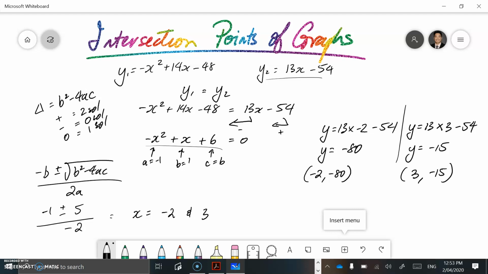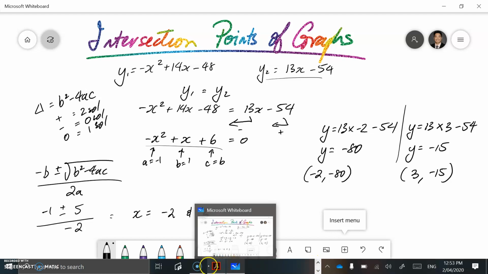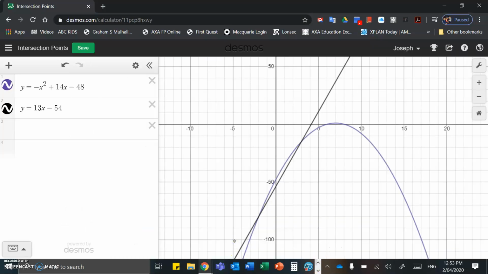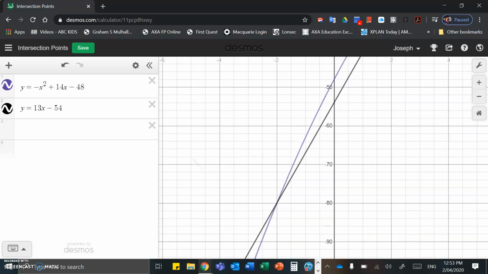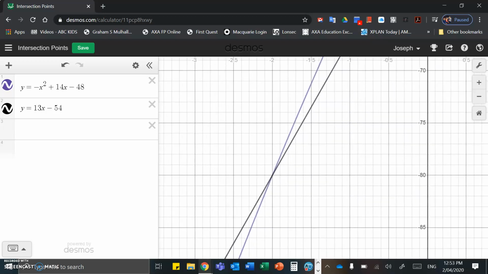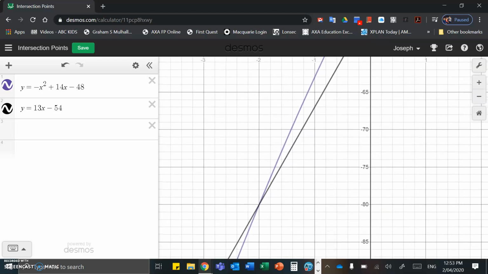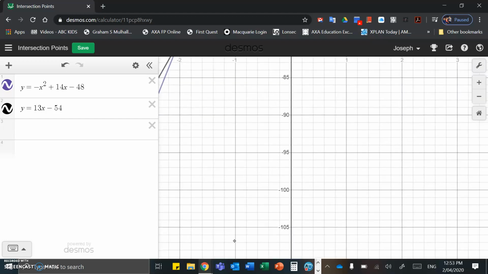So we can go back to our graph, and you can use your graphics calculator for this to actually prove this. We can see that we've got one point of intersection there, and we have another point of intersection there. Our first point of intersection, we said, was going to be minus 2 and minus 80.